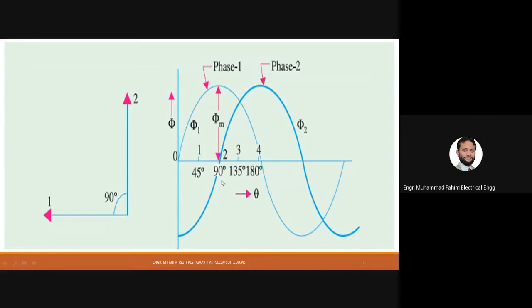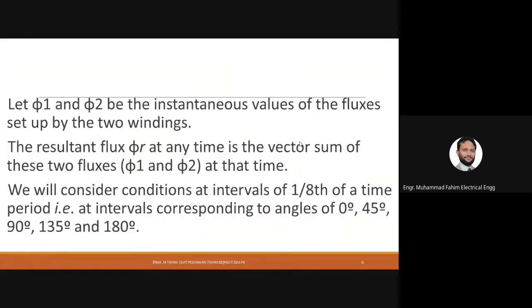Apart from the hysteresis loss or hysteresis loop, it will look like this. The flux produced will follow the sinusoidal waveform. This is phase 1, phase 2, and hence phi 1 and phi 2 are the magnetic fields produced by these waveforms.